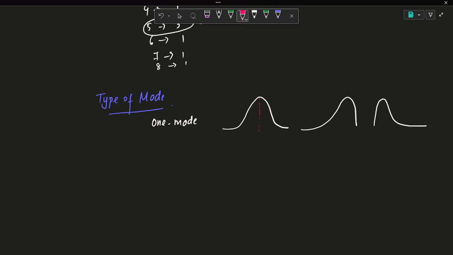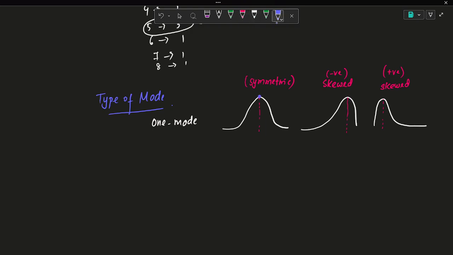This is the highest frequency. In these cases the distributions are skewed, but not in the same way. This one is positively skewed, this one is negatively skewed, and this is a symmetric one. For each case there is one mode present, meaning one maximum point.